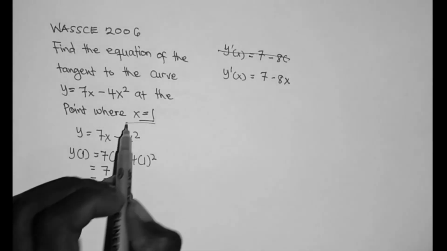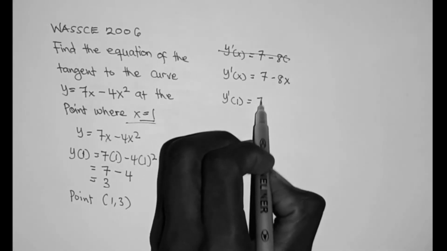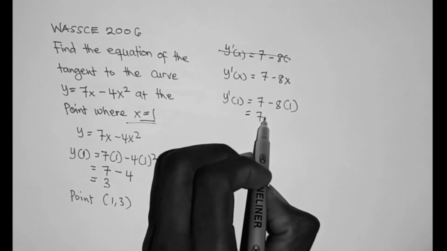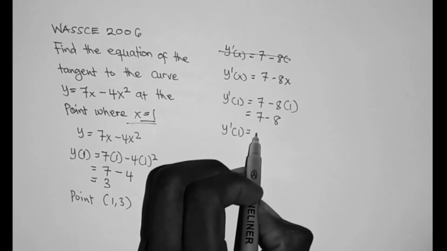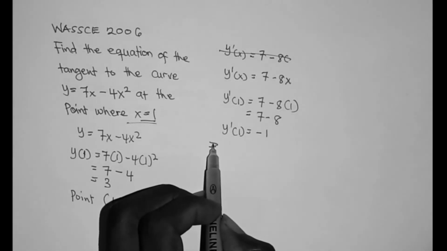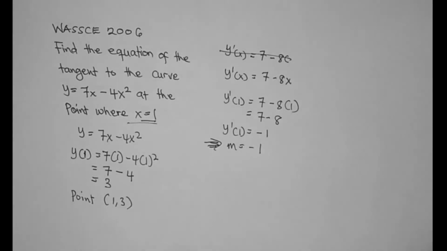But the point is x equals 1, so let's find y prime of 1. It is equal to 7 minus 8 times 1, which is 7 minus 8. And therefore y prime of 1 is equal to minus 1. So this implies that the gradient m is equal to minus 1.